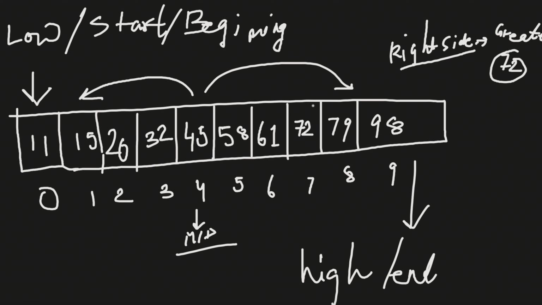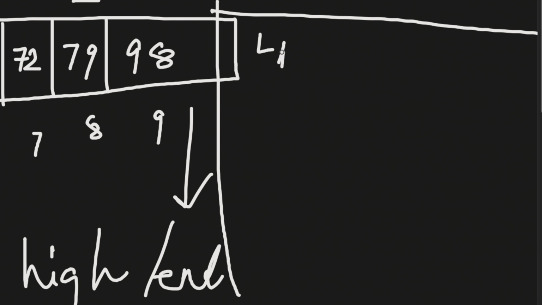So let's start, and let me write a small algorithm here. We have taken low, we have taken high, and we have taken mid. That would be our step 1.